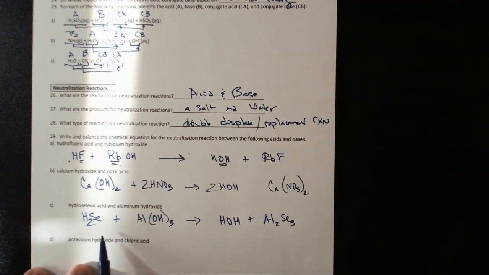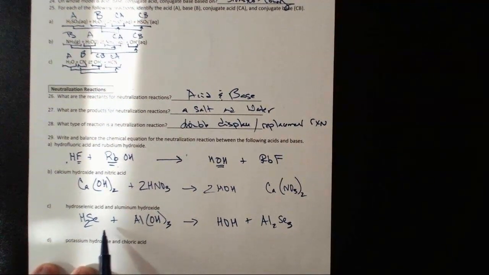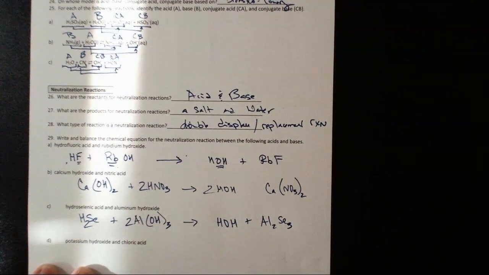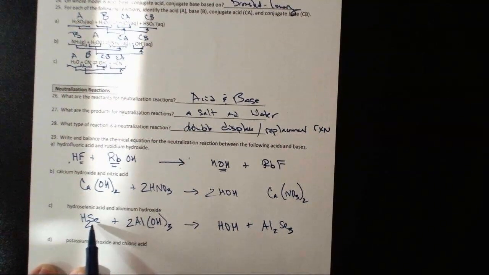So let's take a look across the board here. I'm going to leave the water for last. I've got 2 aluminums here, so I'm going to need 2 aluminums over here. I have 3 seleniums here, and I've only got 1 on this side, so I'm going to put a 3 here.